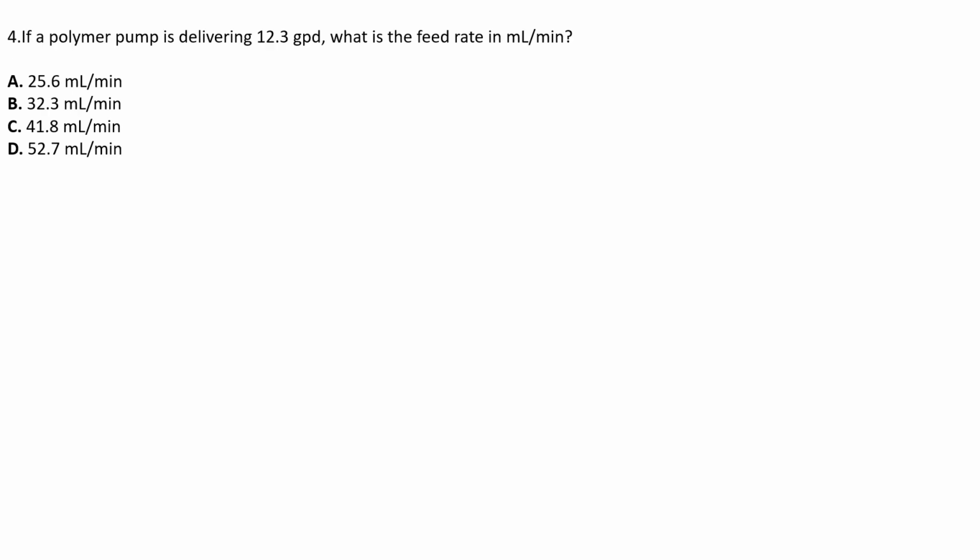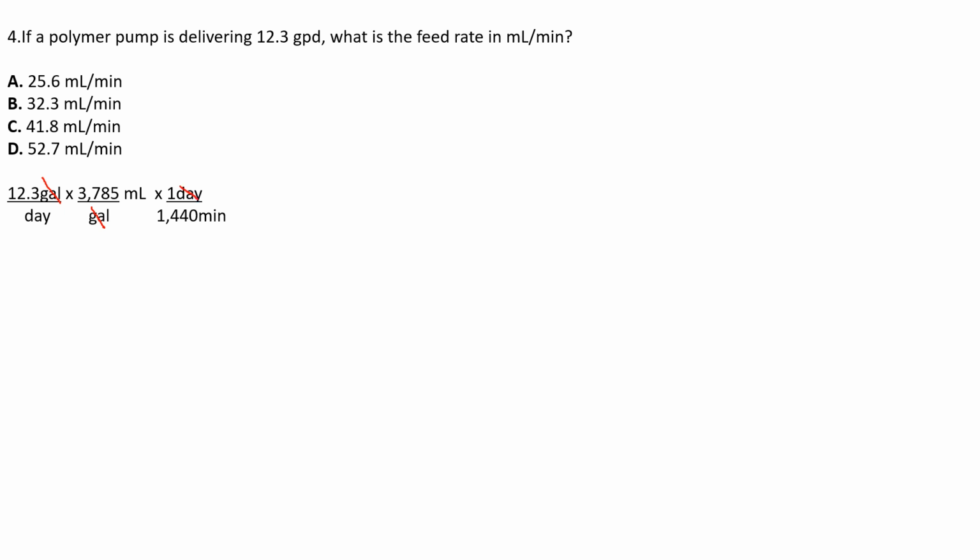Question 4. If a polymer pump is delivering 12.3 gallons per day, what is the feed rate in milliliters per minute? Well, this problem is going to be unit conversion. All right, so we start off with 12.3 gallons over a day. We're going to multiply that by 3,785 milliliters per gallon. Our gallons are going to cancel out, and then we're going to multiply that by 1 day over 1,440 minutes.